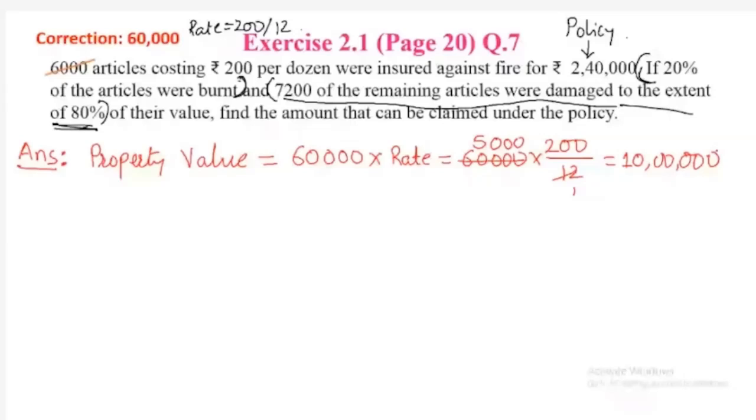Now, first step is over. Property value is over. What is the next step? Step number 2. After property, policy value. Let me write policy value. Do we have to calculate policy value or is it readily available? Given how much? Here 2,40,000.